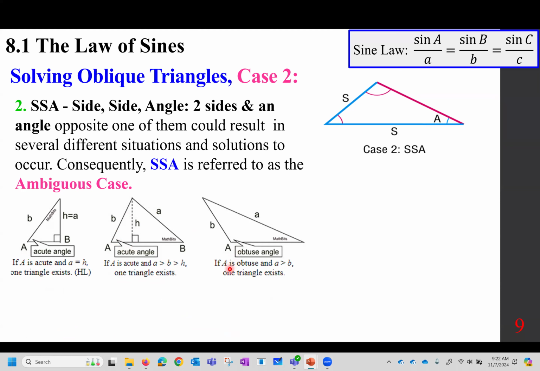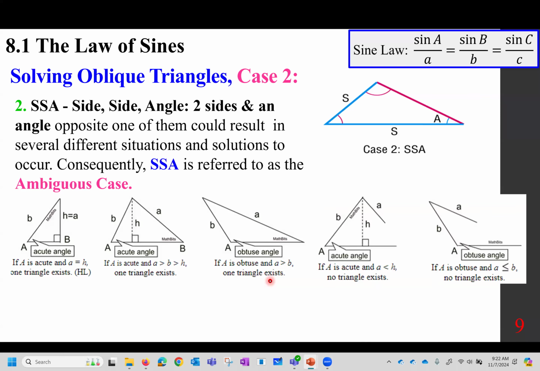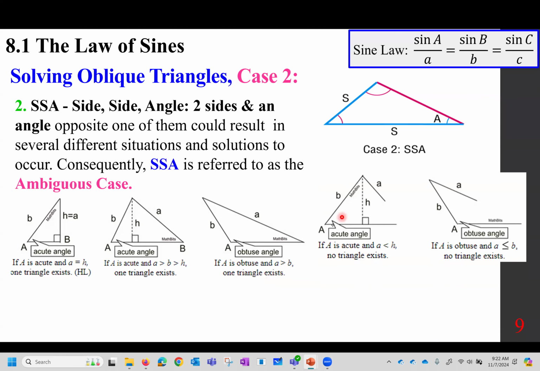If A is obtuse and a is larger than b, one triangle exists. If A is acute and a is less than h, it will never hit the next side. Therefore, no triangle exists. If A is obtuse and a is less than or equal to b, no triangle exists.